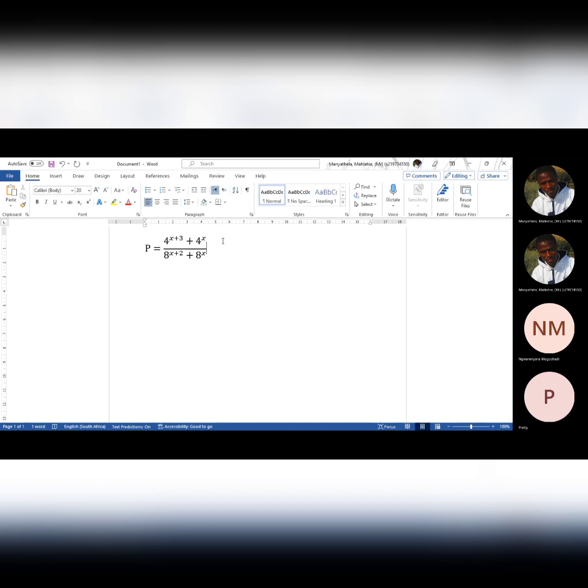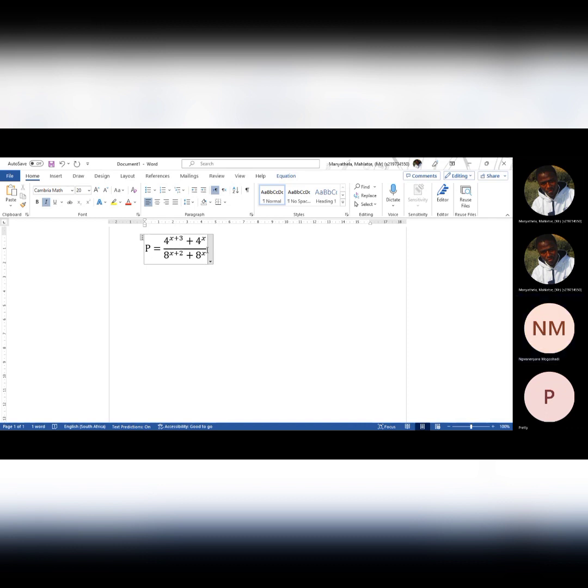So the first thing is we write 4 and 8 so that they are the same, like we are going to make them the same by writing them as factors.